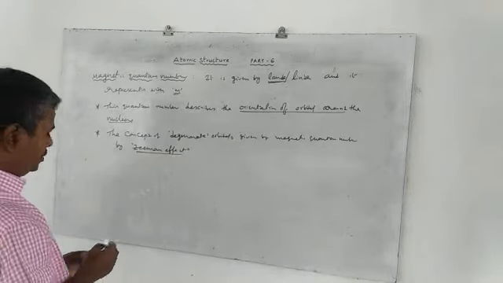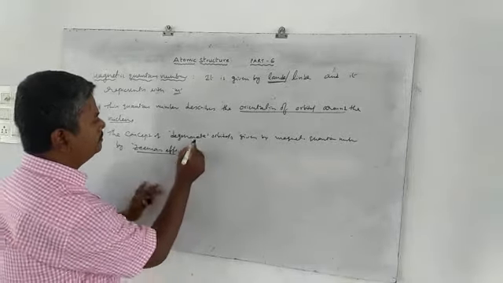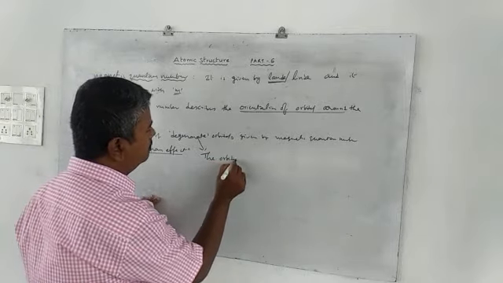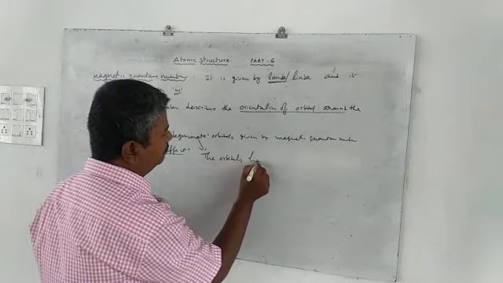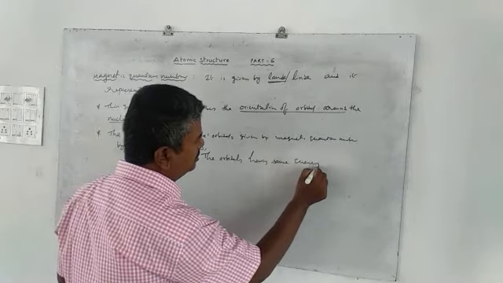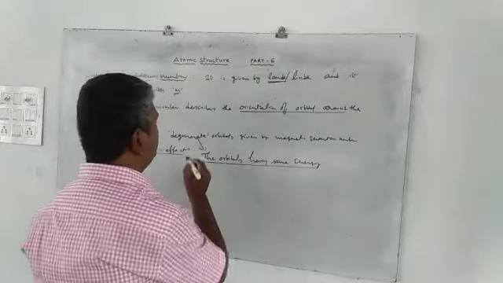Okay, are you sure? Here the concept of degenerate means the orbitals having the same energy. The orbitals having the same energy are called which one?